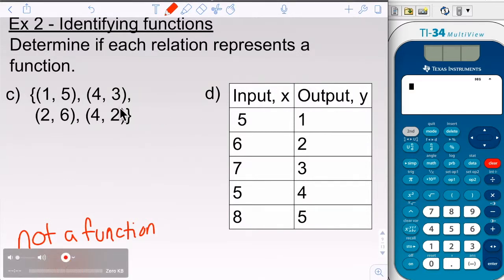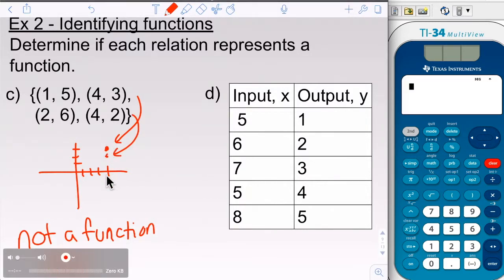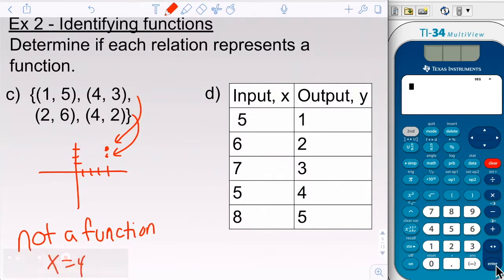That's where it fails, because look at this. I've got two x values of 4 with different y values. If I would graph that, 1, 2, 3, 4, 1, 2, 3, so 4, 3, 4, 2. Those are those 2 points right there. That would fail the vertical line test. I have 2 points directly vertical of each other. One x value has two different y values. This is not a function. It fails.